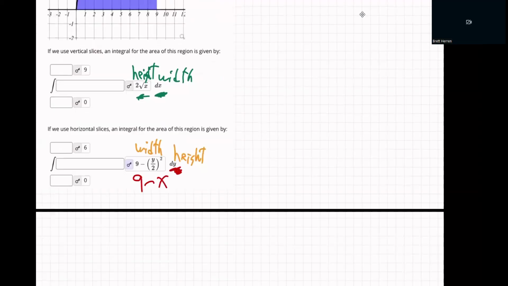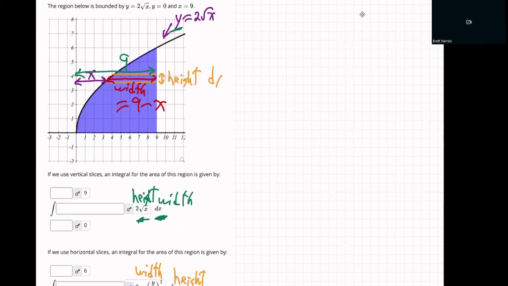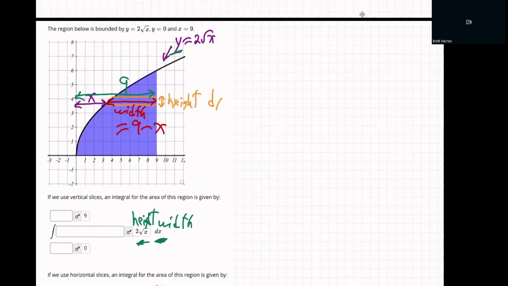So why don't we just put 9 take away x there? Well, because we want everything in terms of y. The dy, it's like the dictator says, make everything y, please. So I go, oh, okay, so that means, remember, this is a point on that graph. So that means if I take this little equation, y equals 2 root x, I want to find x.